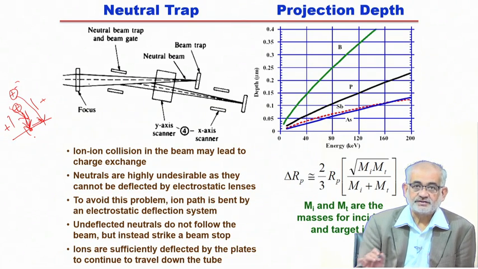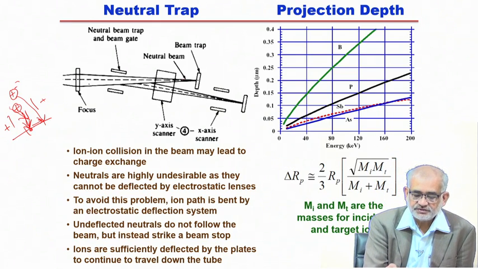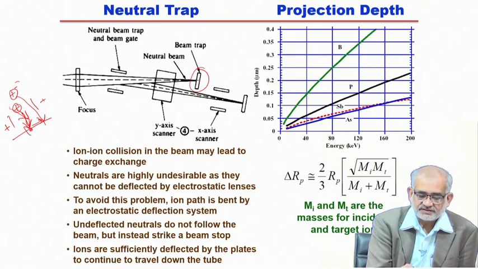So how do you extract or remove the neutrals? That's why you use this trap, the so-called beam trap. By this kind of electromagnetic lens, you allow the beam to deflect by applying a certain electromagnetic field, but the neutrals are unaffected, or their trajectory does not change.